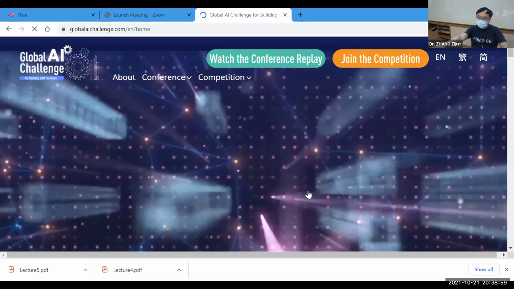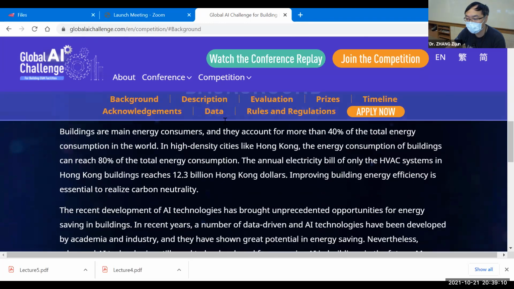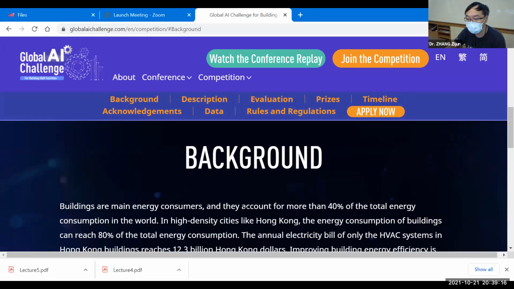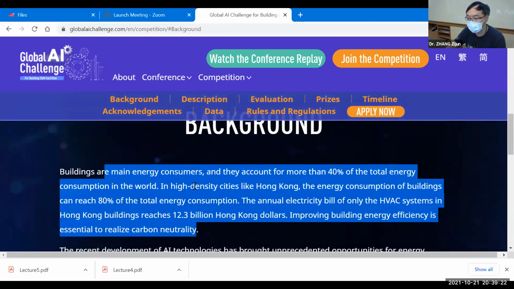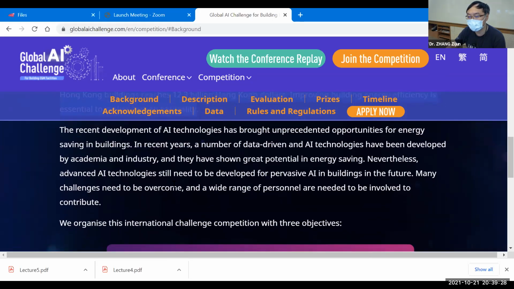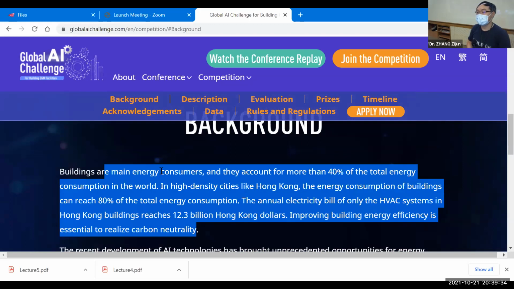This contest actually does one task, which is the building cooling demand prediction. Okay, so this is the forecasting problem. Basically, the EMSD will provide data, and you guys use those data to do the cooling load forecasting. It's a regression problem.